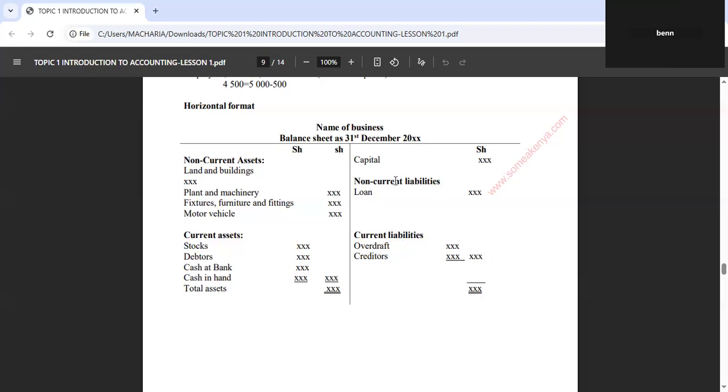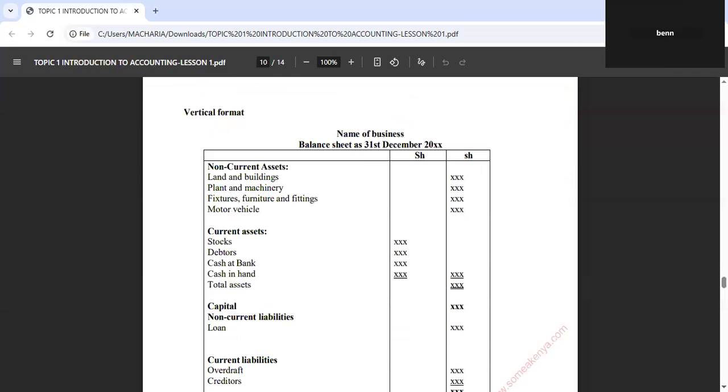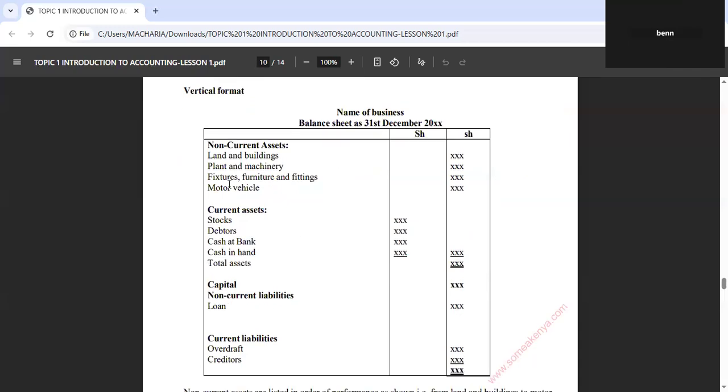All those are current liabilities. So this is the first format of preparing a balance sheet. Another way you can prepare a balance sheet is through the vertical format. Not much difference in terms of content. You are going to have the same non-current assets: land and building, plant and machinery, fixtures and fittings. Then we have current assets, which is going to give us the total assets in this format.